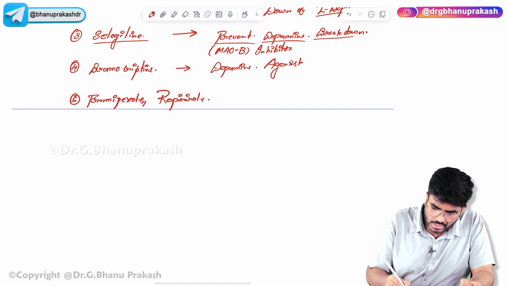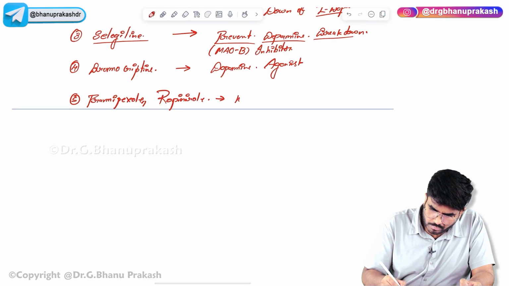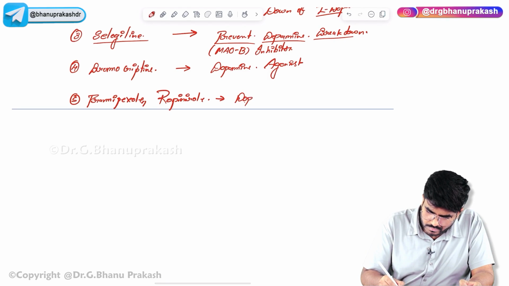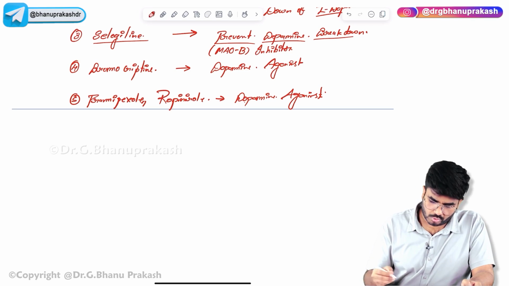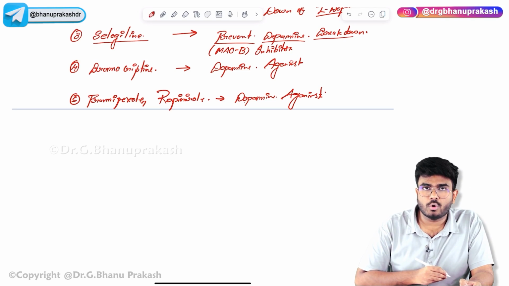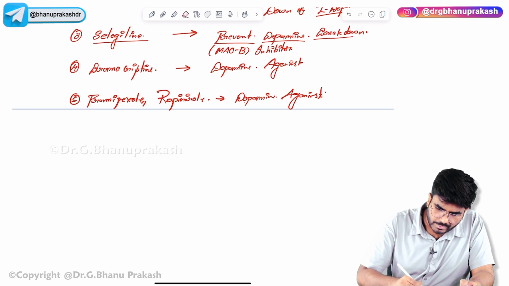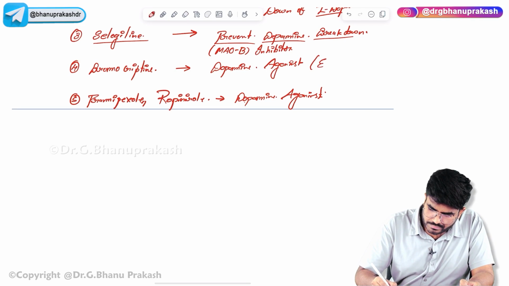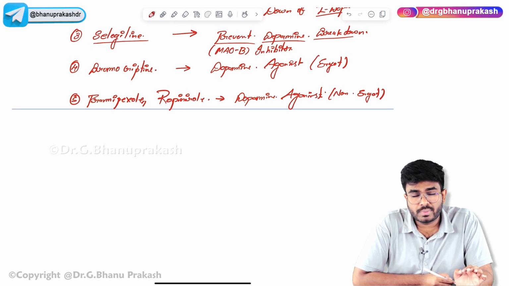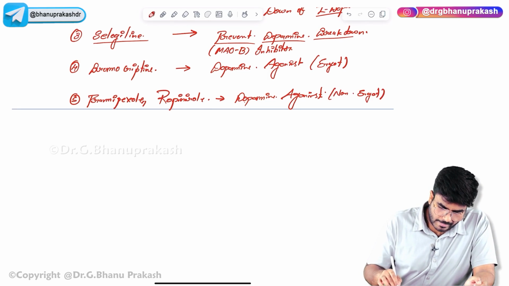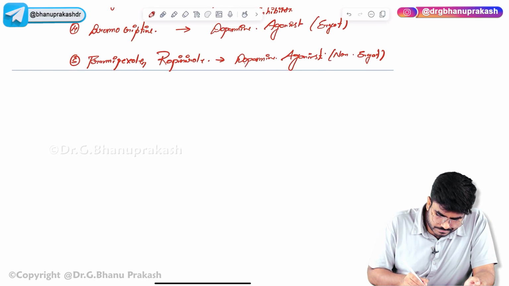What exactly are they going to do? They are also dopamine agonists. Then why have I written them separately? Because bromocriptine is an ergot derivative, while these are non-ergot dopaminergic agonists.